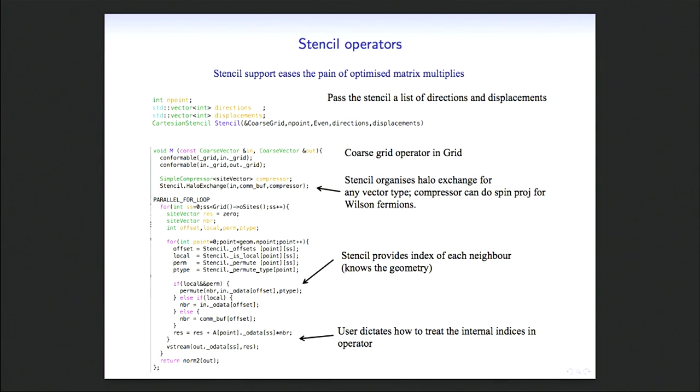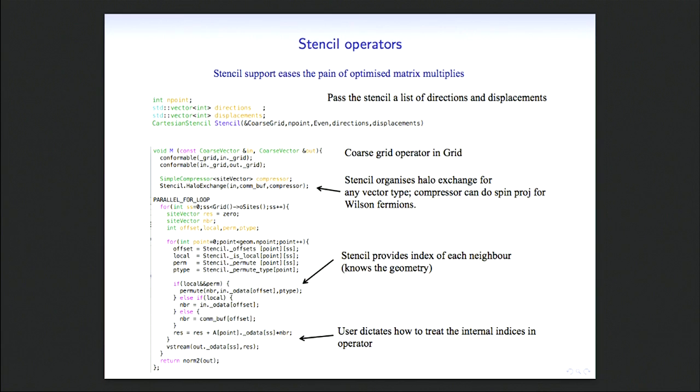And then the rest of the code, the user can provide the knowledge of how to multiply or how to assemble the internal indices like color, spins, Lorentz indices, or whatever the tensor nature of your field is that you're dealing with, external to the stencil code. So we've separated the design into something that knows about the geometry of the stencil and something that knows about the physics of what it is that's being operated on with the stencil.